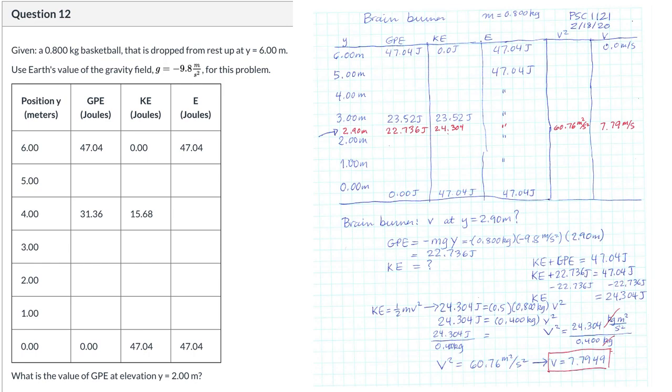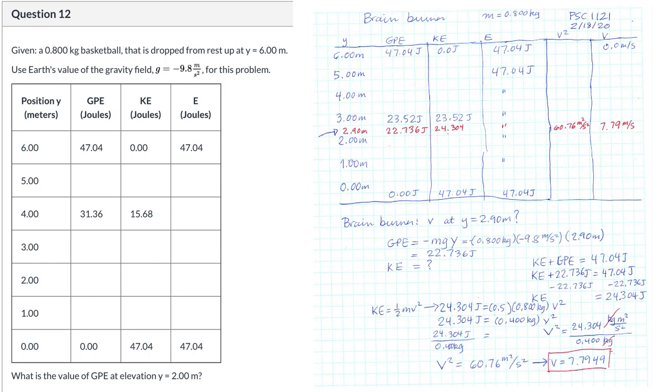So this is 2.18.20, and this is the brain burner. Let's try it. Let's do what we can. Who's got the problem on the web courses?